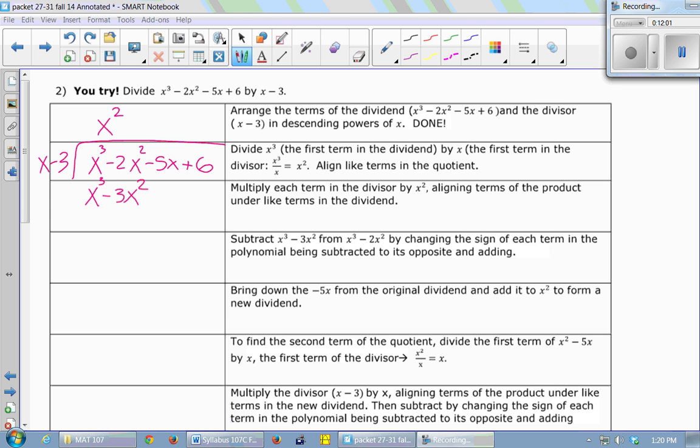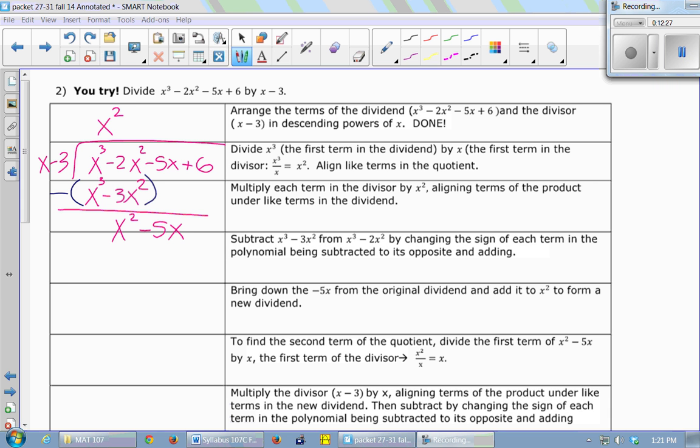So I have to subtract now, just like I would with regular long division, but I have to subtract both of these things, right? So I have to distribute a negative sign here. So x cubed minus x cubed is 0. Negative 2x squared minus negative 3x squared is 1x squared. Then I bring down my minus 5x.